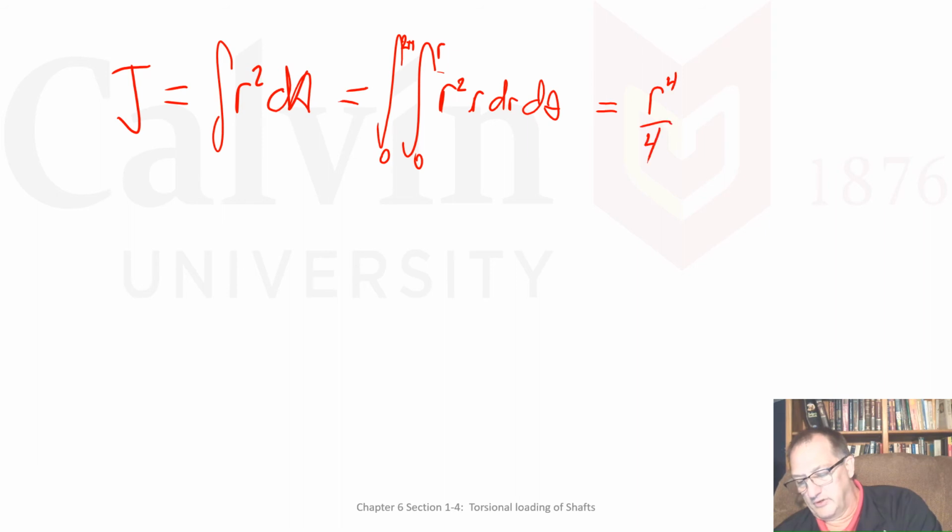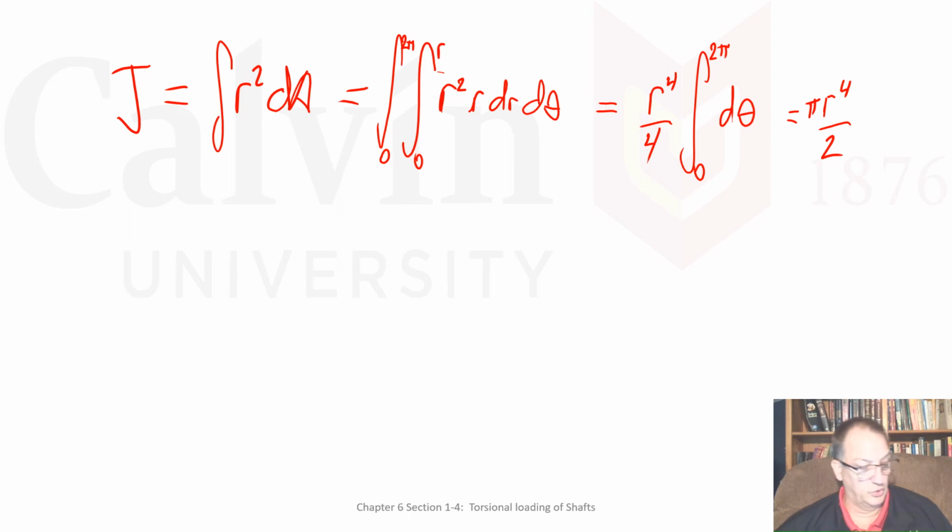R to the fourth over 4 times the integral from 0 to 2 pi of d theta, which is going to give me a 2, so it's pi r to the fourth over 2. And the way you'll see that most of the time is pi over 2 r to the fourth.